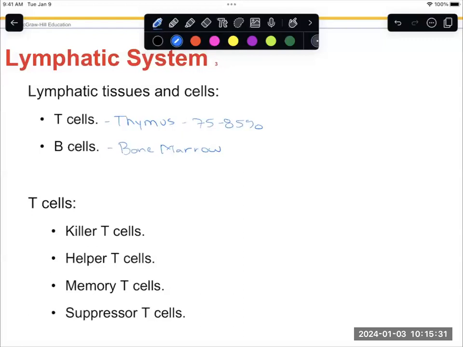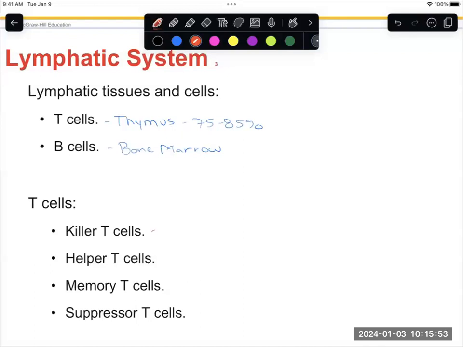Those antibodies are also known as immunoglobulins. So let's go through the different types of T cells here. So, killer T cells. They can recognize specific antigens and target cells.